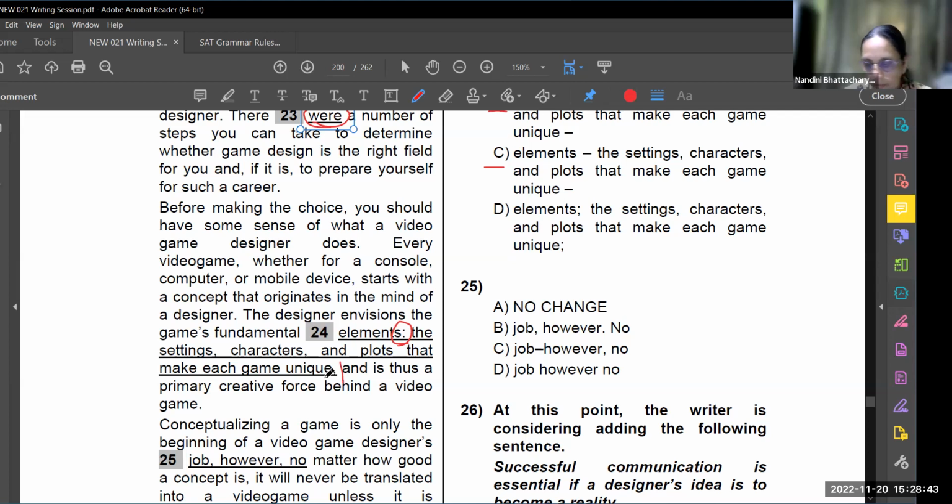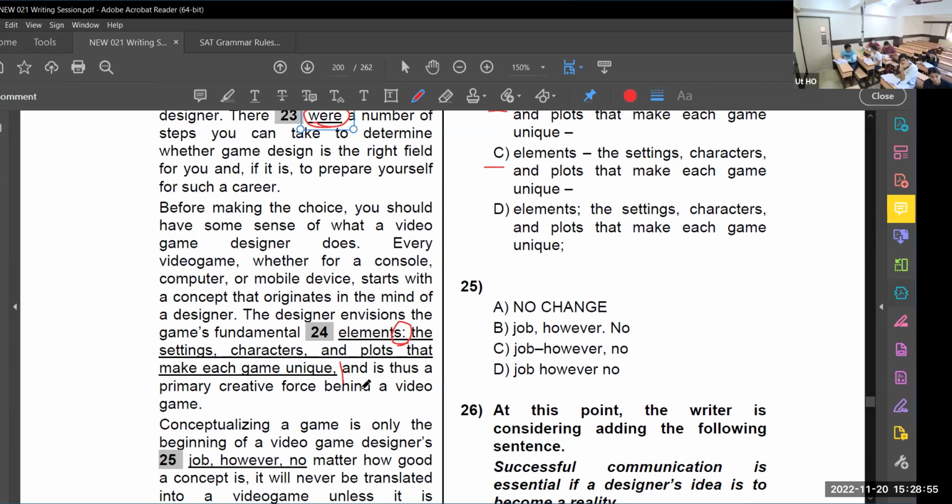So what is the purpose of the colon over here? Is it setting up a list or explanation and ending with the list? What is the colon doing?